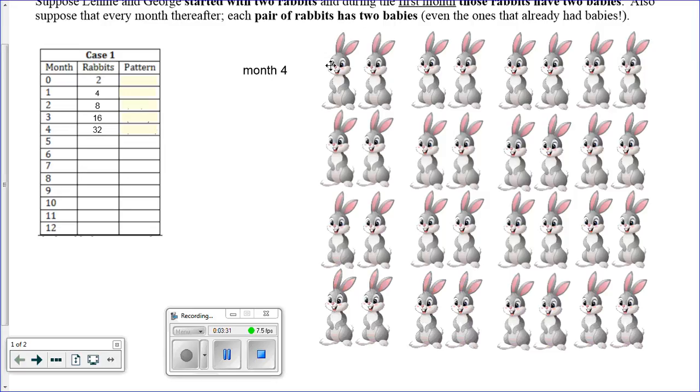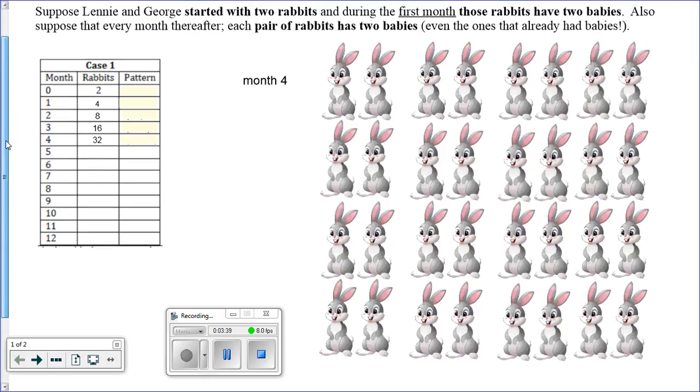So now what I want you to do is look for a pattern in what you are seeing. You're going to finish the table on your own with your group. However, how am I moving from 2 to 4 to 8 to 16 to 32? Well, my initial amount is 2 rabbits. So I take that initial amount and I multiply it by 2 to get 4, which is our month 1.